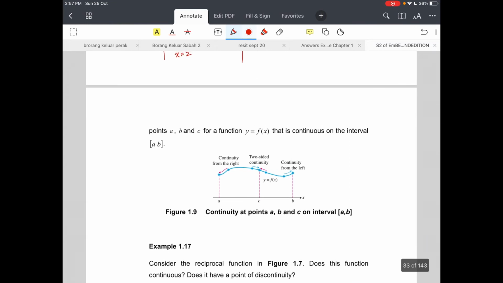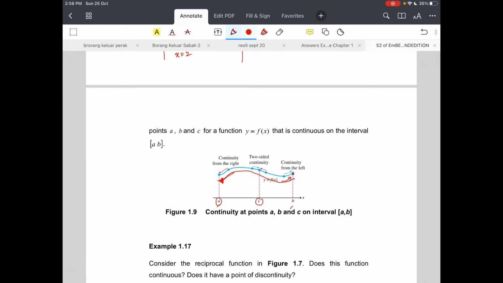Now if you look into these points, continuity from point A until point B, the function curve here is all defined. At point A, continuity from the right is defined. At point B, continuity from the left is also defined.